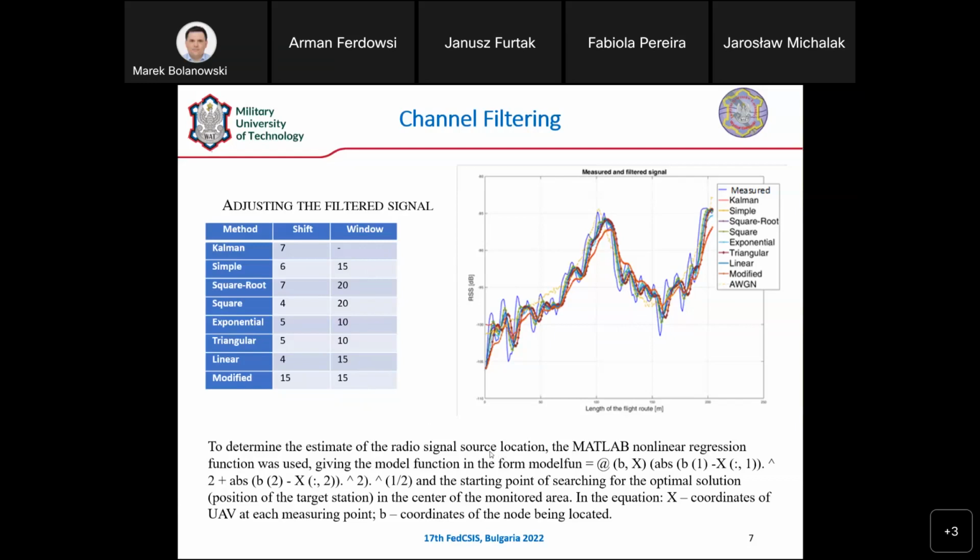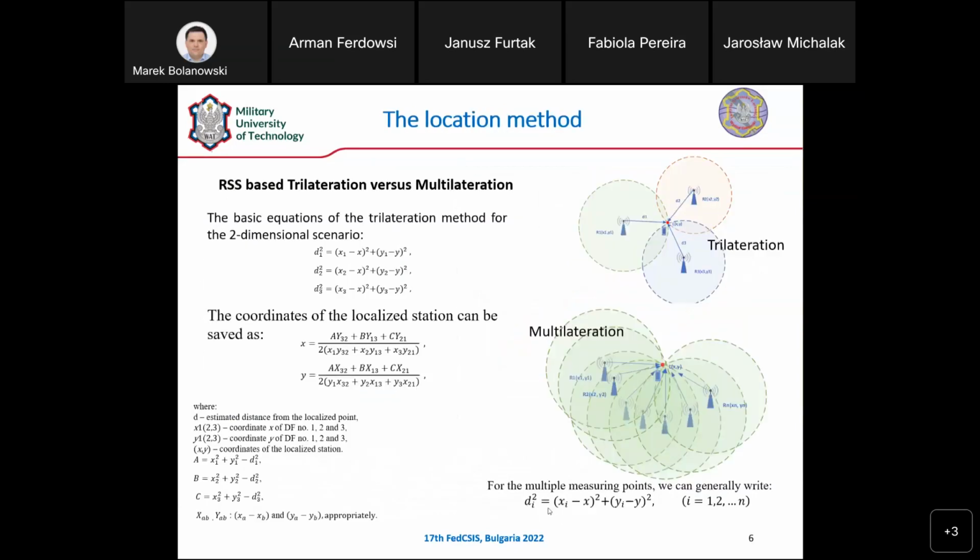Using a nonlinear regression function, I provide the model function like this here. What is important is that it is suited to the main equation connected with the multilateration procedure.